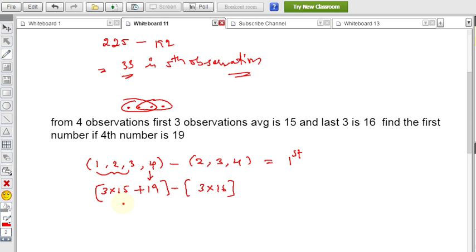So 45 plus 19 is 64, minus 48, which is 16. So the first number is 16.